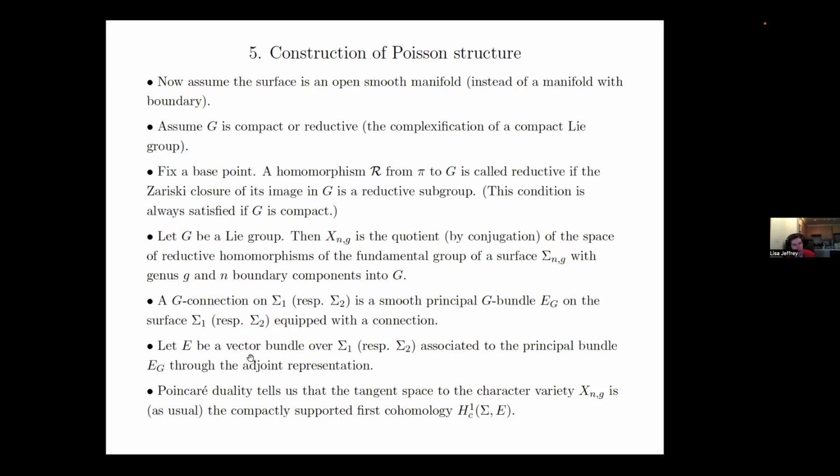Let E be a vector bundle over the surface that is associated to the principal G bundle through the adjoint representation. Poincare duality tells us that the tangent space to the character variety is the compactly supported first cohomology of sigma with coefficients in E.